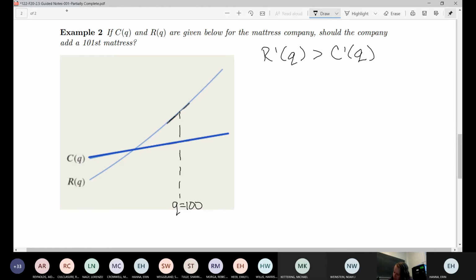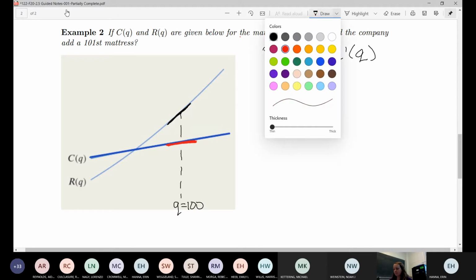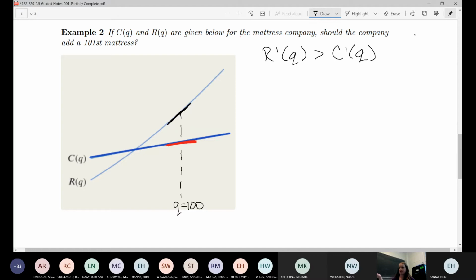So let's look at the slope of each of these functions around that point, Q equals 100, and I'll talk about why it's 100 in a second. If I find these two tangent line ideas and look at those two little line segments I've drawn, which one's steeper? The black one, the top one, is steeper than the red one.